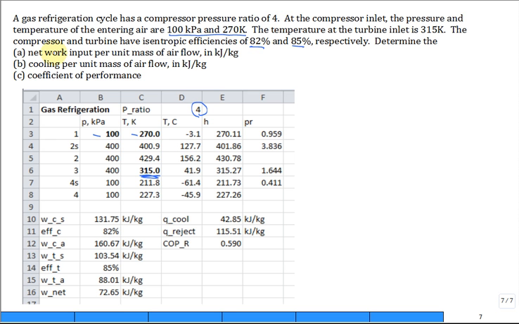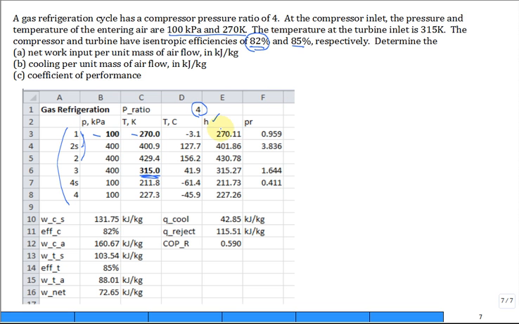Determine the net work input per unit mass. Make a sketch and then have your properties, so all of the states labeled, and go from 1 to 2s and then 1 to 2 because of the inefficiency of the compressor. And these are all calls right away to the Excel.